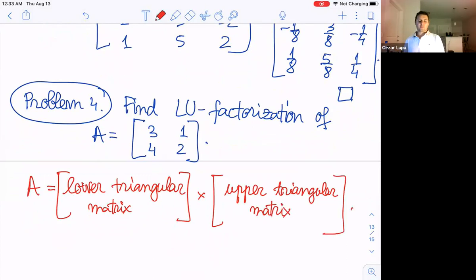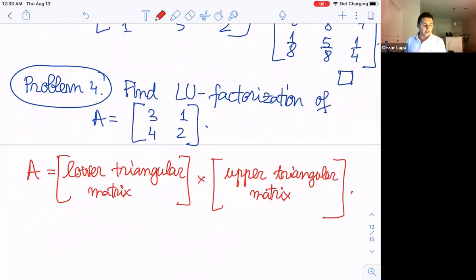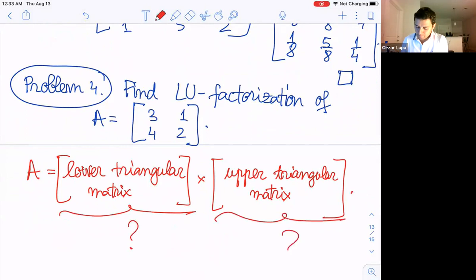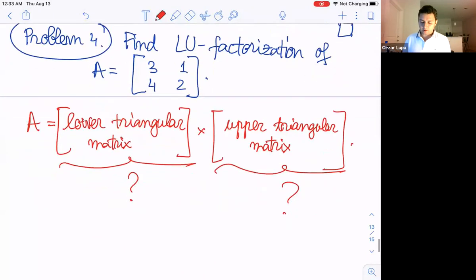Well, the question is if we can write this, and if so, what is the LU factorization? So we need to find who these 2 matrices are. Let's call them L and U. We need to find who L and U are.